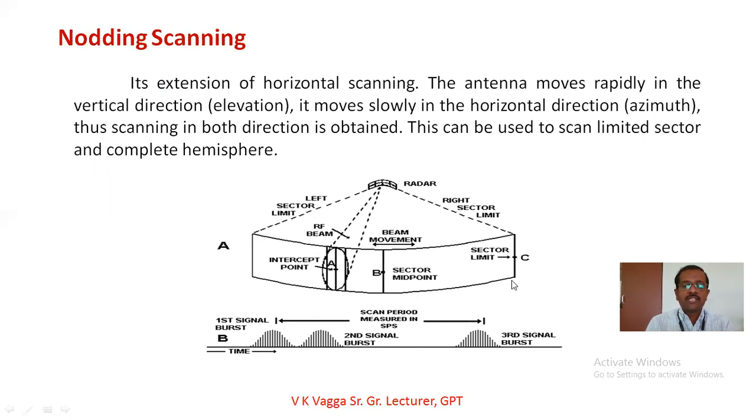In this way, it covers only a certain area. This is called nodding. It is an extension of horizontal scanning. Horizontal scanning covers the entire 360 degrees, but nodding covers only a particular sector. It is not able to cover the entire 360 degrees.